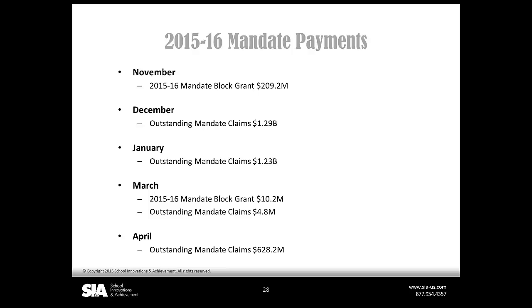There's going to be over $3.1 billion paid towards outstanding mandate claims, and this is the money that the state still owes on previously filed claims, and over $219 million paid towards the block grant. And you can see the breakdown of how the state is planning to pay on this slide.